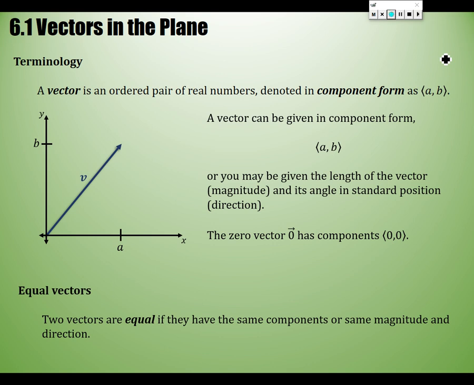So if I step over this way a little bit and give the same vector, 15, 15, that's still the same vector. But now it gives me instructions on how to get from B to A, so you need a file cabinet. Same components and same magnitude. Its position in the plane doesn't matter.